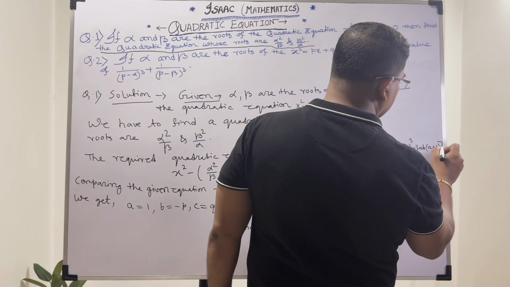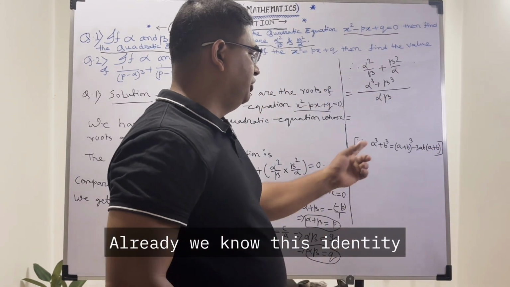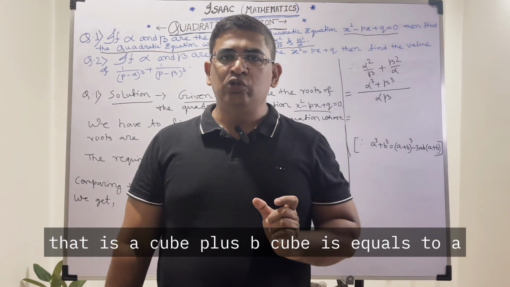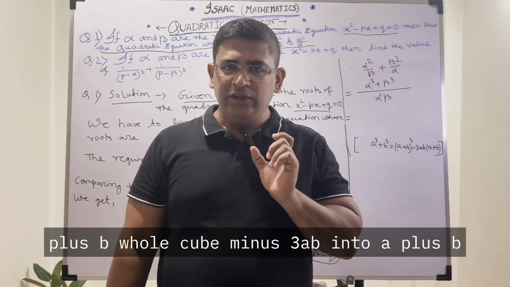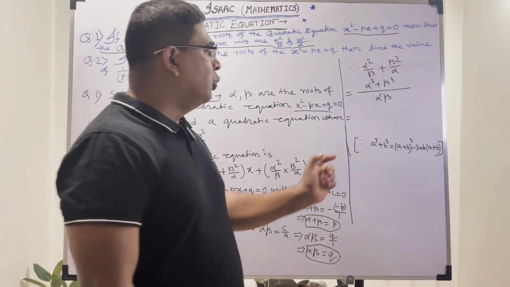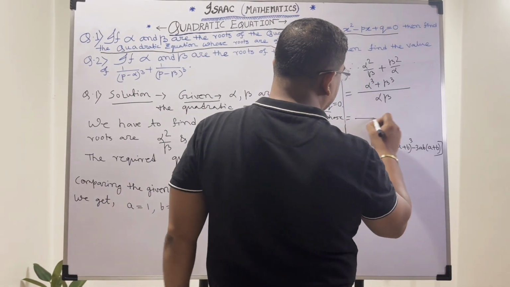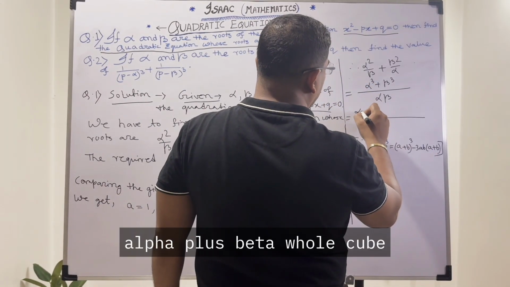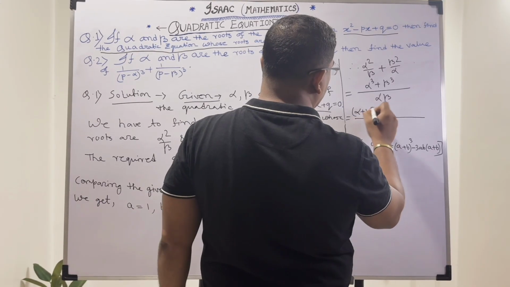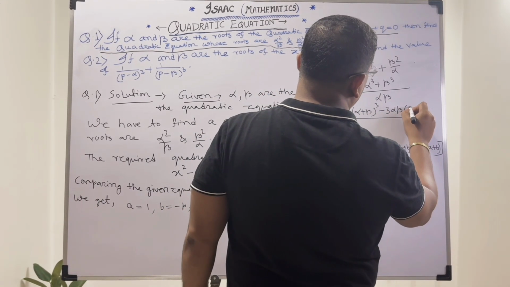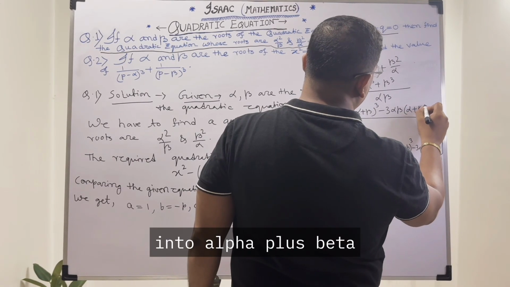Already we know this identity, that is a cube plus b cube is equal to (a plus b) whole cube minus 3ab into (a plus b). With the help of this identity, we can write alpha cube plus beta cube equals (alpha plus beta) whole cube minus 3 alpha beta into (alpha plus beta).